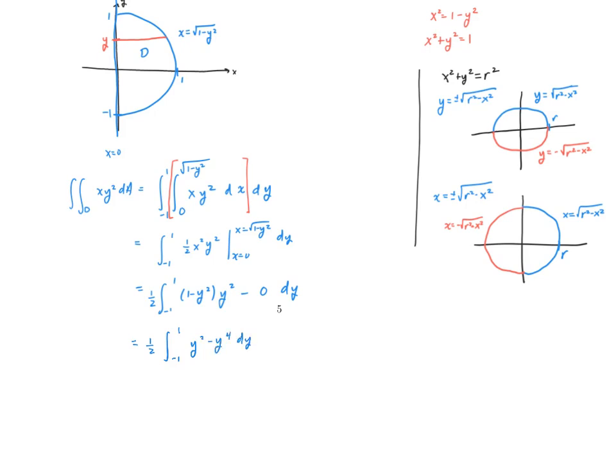And this is the ideal scenario when it comes to evaluating antiderivatives. We simply have powers of our variable y. So that would be 1/3 y cubed minus 1/5 y to the 5th from minus 1 to 1. So we substitute in a 1, we put a minus sign, we substitute in a minus 1.